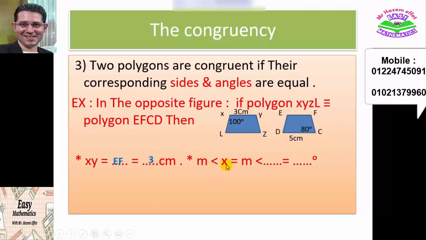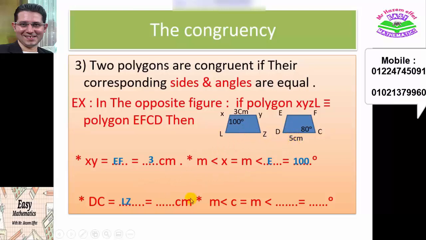Measure of angle X, it's better to find from this rule. Measure of angle X must be equal with measure of angle E. And how many degrees? It will be better to take it from the shape. Measure of angle X equals measure of angle E, which equals 100 degrees. DC will be equal with LZ, and how many centimeters?